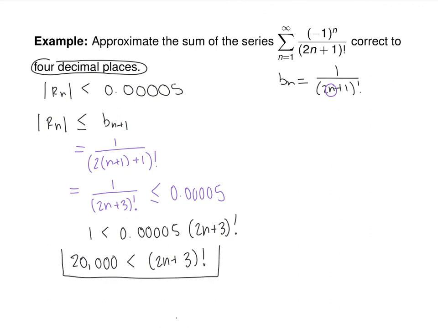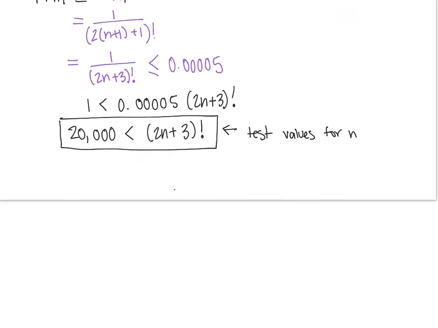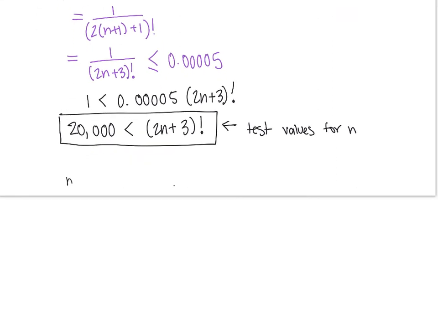And there's no explicit way to solve for n, so at this stage you have to just test values for n until you get the first one that works. So when I tested n equal to 2, because it might not actually take very many numbers, when I plug that into 2n plus 3 factorial, I get 4 plus 3, or 7 factorial, which is 5,040.